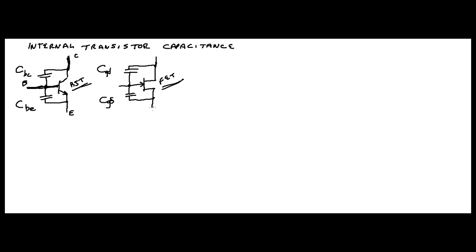And here you have your source, your gate, your drain. Now, here's the thing. You have capacitance between your base and your collector. It's called CBC. And you have CBE, which is your capacitance between your base and emitter.